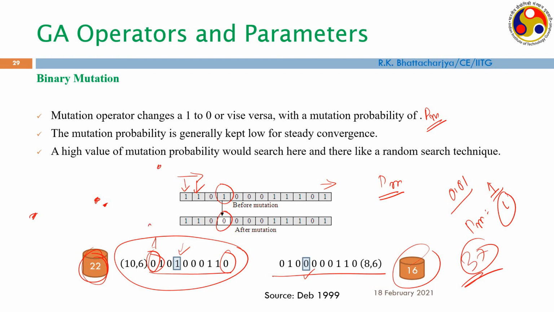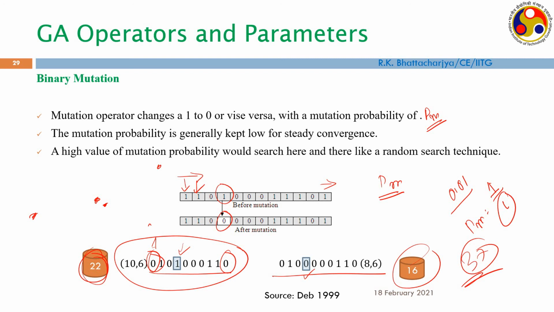With mutation we are trying to explore the unexplored region. With crossover you are searching locally, but with mutation you are trying to search globally. Is there any other unexplored region where there might be a better optimal solution?